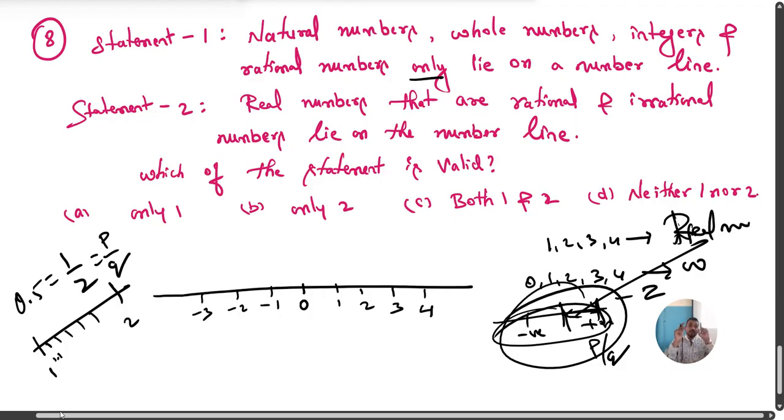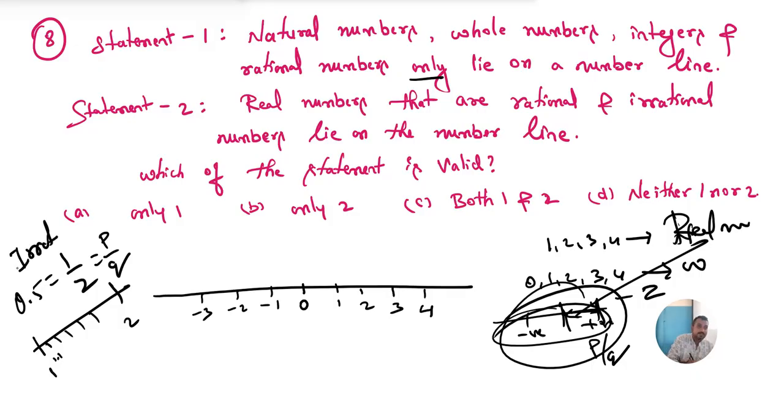Again between 1 and 1.11, we get 1.111. Again 1.1111, again 1.11111. Where it stops, 1.12 will start. These numbers are called irrational numbers.